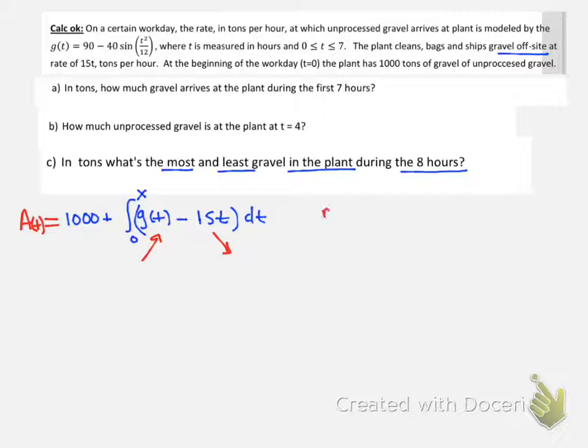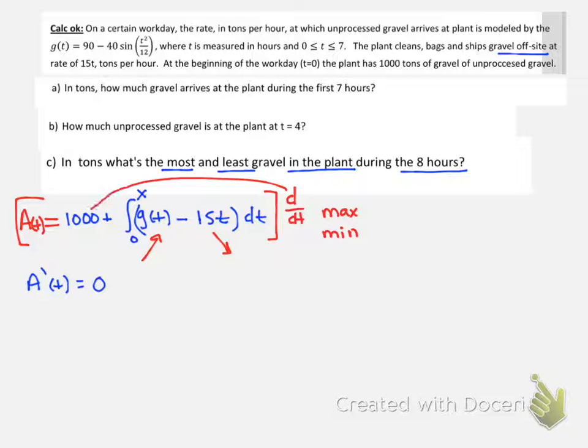Well, we know that our max and our min will be when this derivative, or this A prime, is equal to 0. So we really need to take the derivative of this entire quantity with respect to t. When I take the derivative of this 1,000, of course that's 0.